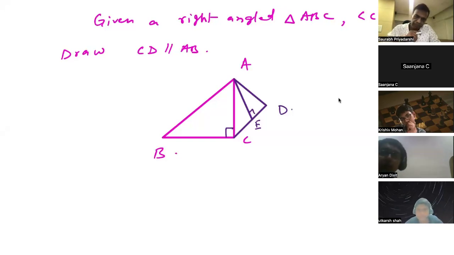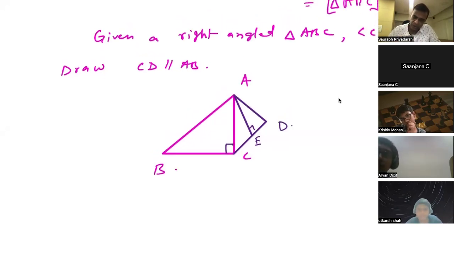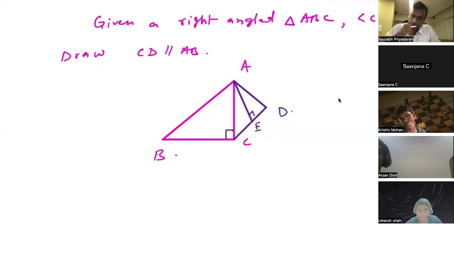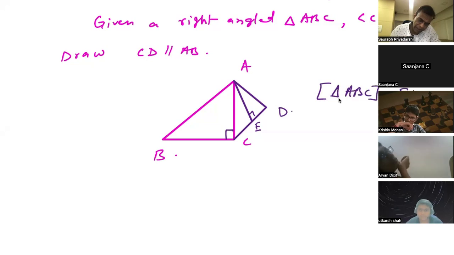Sir, the full question. ठीक है ना? First, draw this. Then, so area of triangle ABC, this is the simple one, is equal to area of triangle ABD.